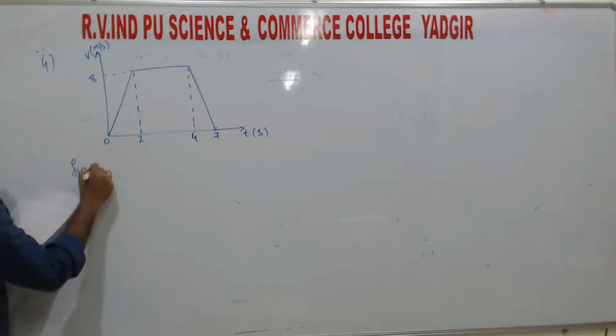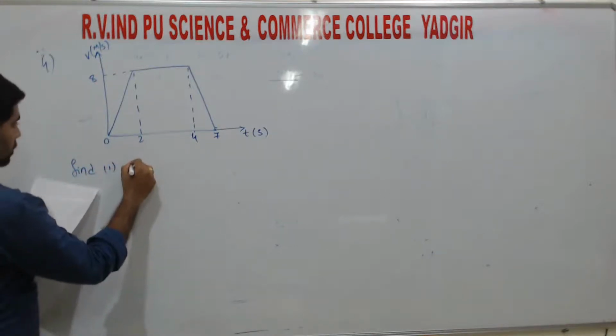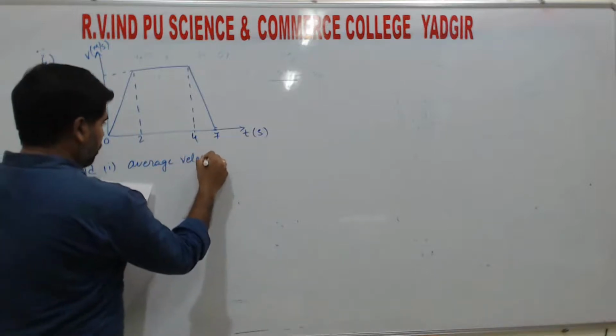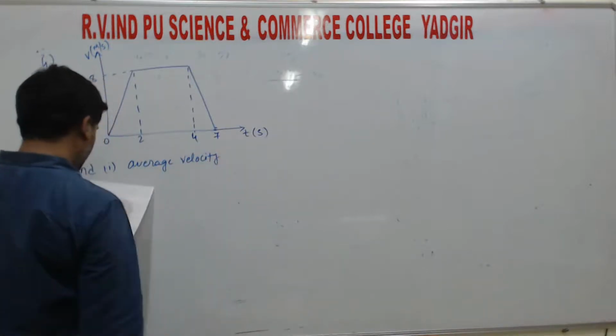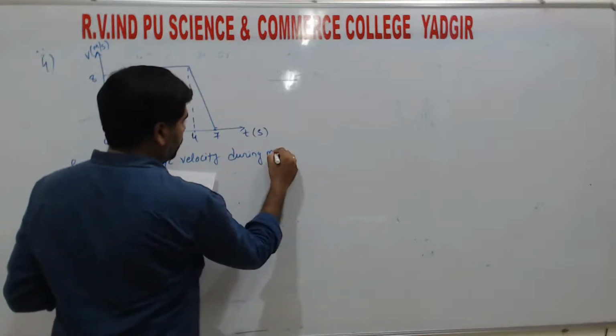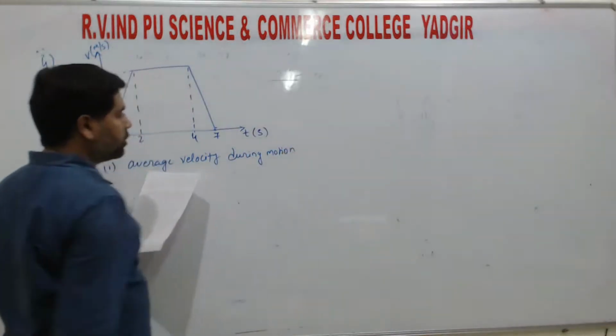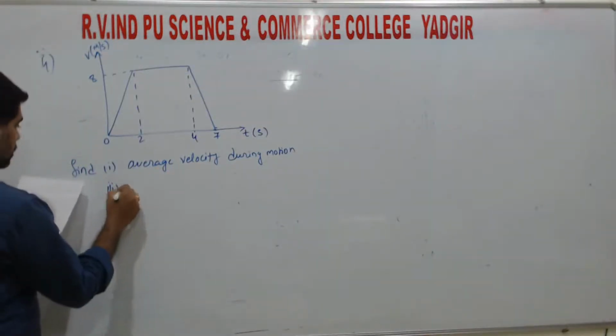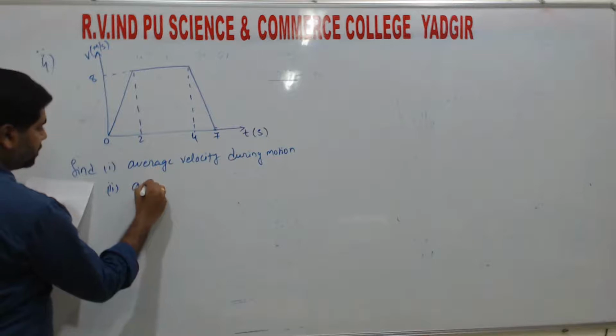So find first one, average velocity during motion. So average velocity during motion. Next, second one, average acceleration.